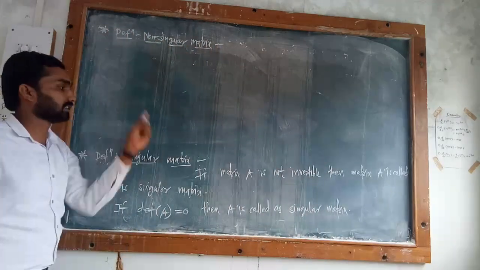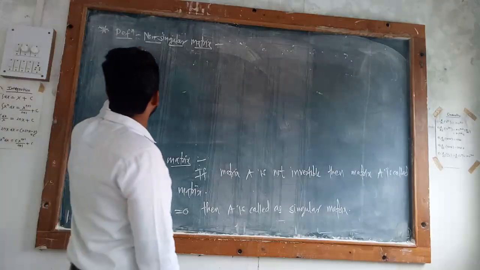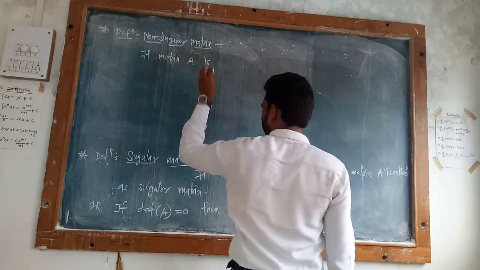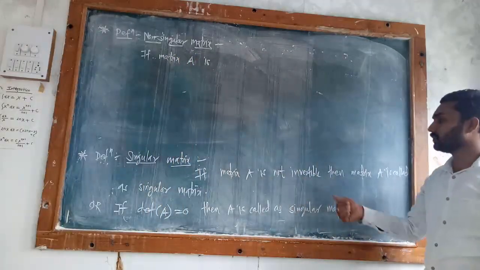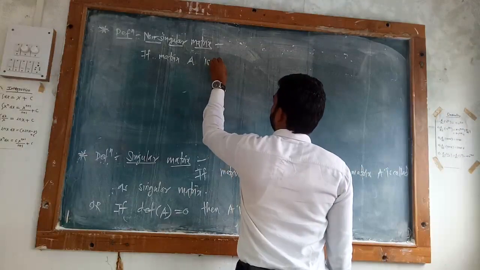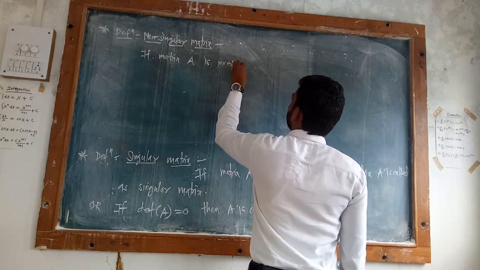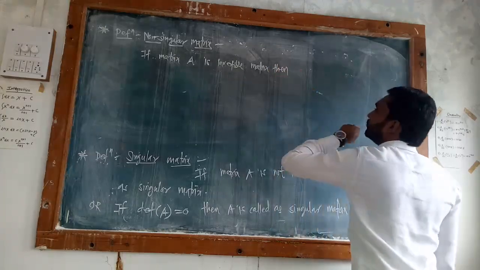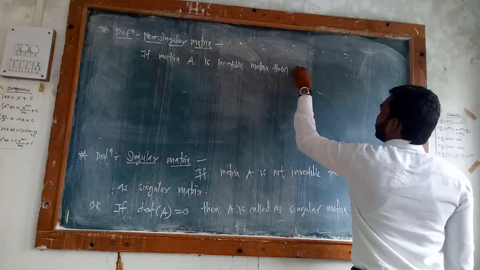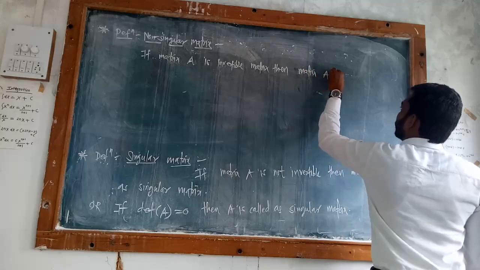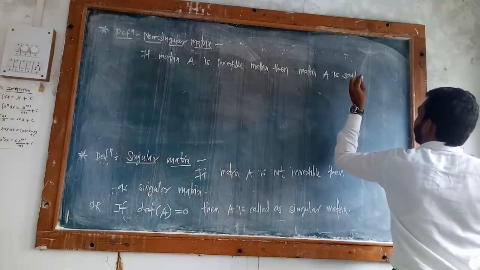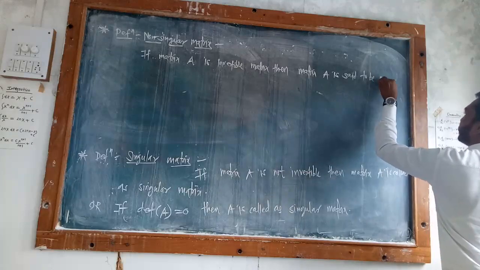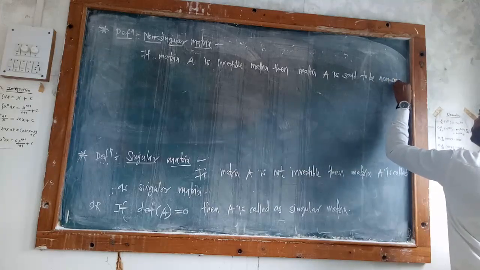Same definition: if matrix A is an invertible matrix, then matrix A is said to be a non-singular matrix.